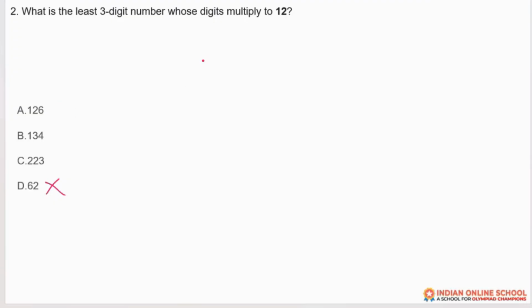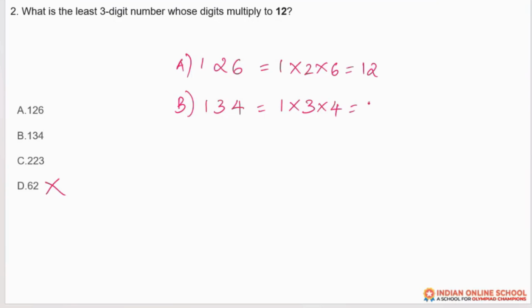Taking option A, 126, when you multiply the digits, 1 into 2 into 6, you get 12. Option B, 134: 1 into 3 into 4, again we get 12.